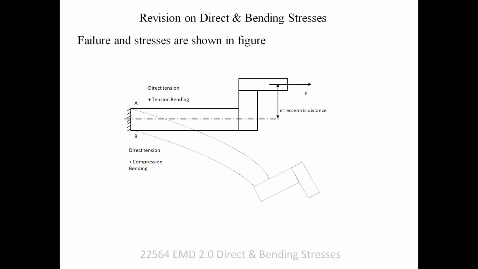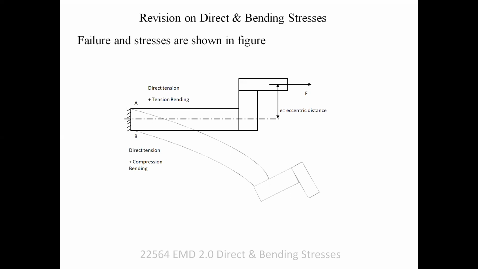In this particular diagram, you'll find that there is first tensile plus bending. Because of that, points A and B are subjected to first direct tension plus some bending. When it bends like this, the upper portion A has direct tension plus tension bending.